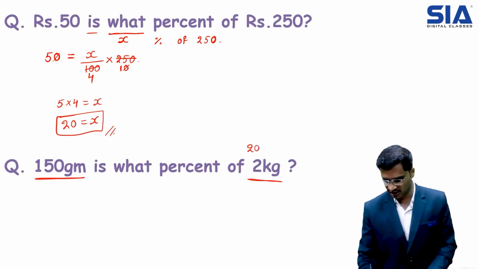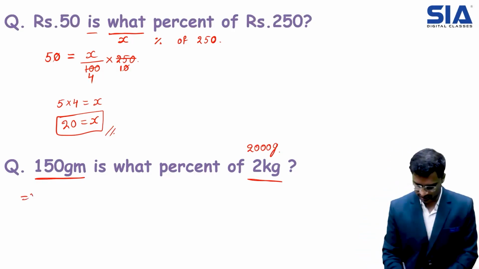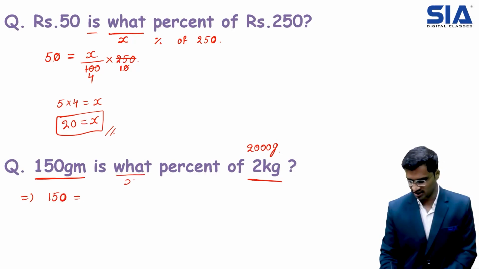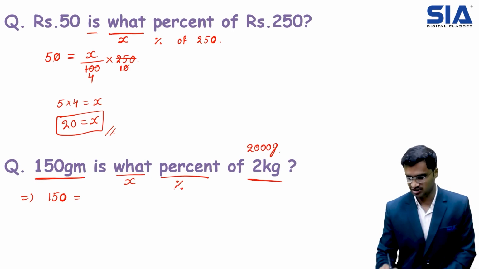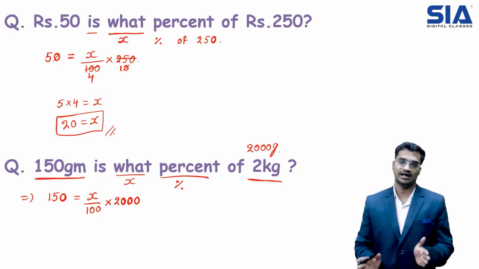So 2 kilos is nothing but 2000 grams. So let us solve this. 150 is equals to x percentage. The percentage symbol means x divided by 100, of is into, and we have to substitute 2000 because we are comparing grams with grams.